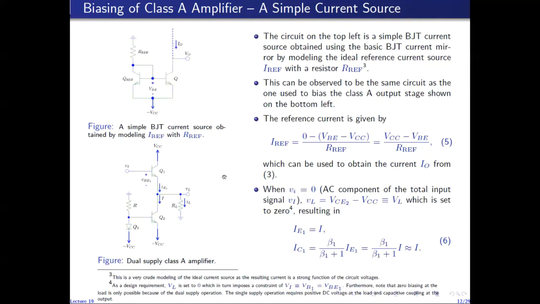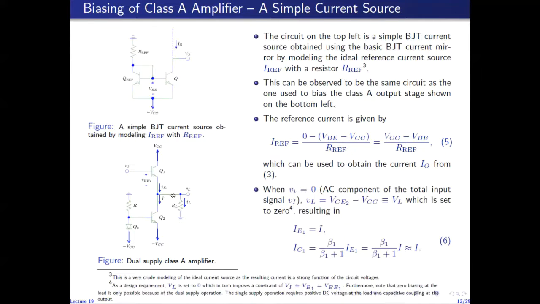So when Vi is 0, where small vi represents the AC component of the total input signal Vi, that is under DC setting, the load voltage is given by the voltage at this node with respect to ground.